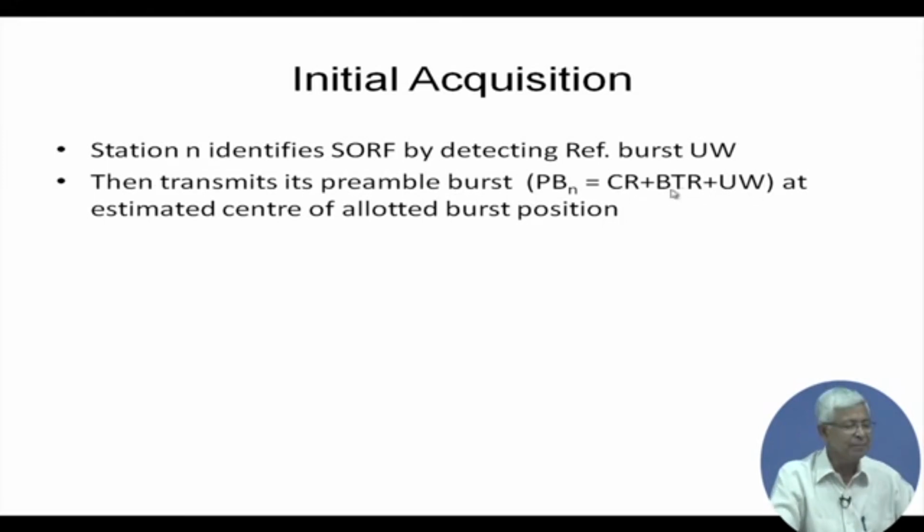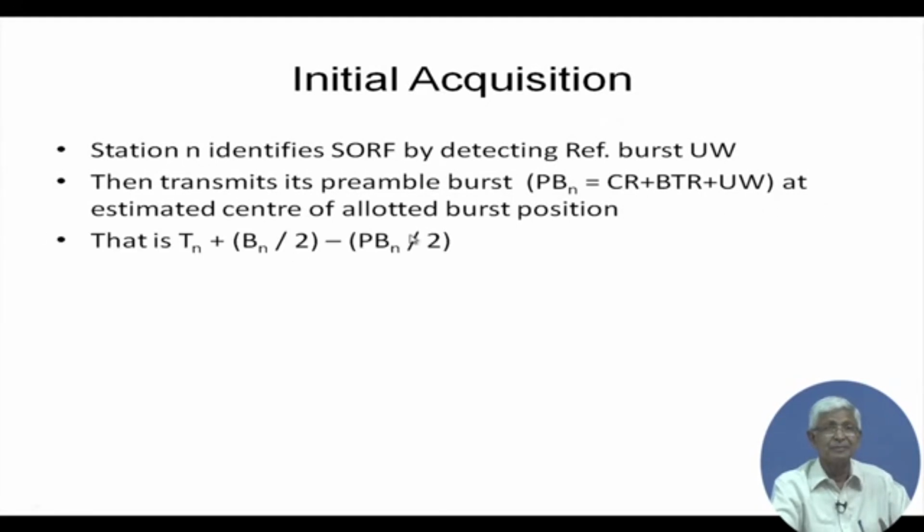This preamble is much smaller than the burst time Bn, and is transmitted at the estimated center of the allocated burst position. The transmission is Tn delayed, and the center of the burst position is Bn by 2, from which you subtract the preamble PBn by 2.